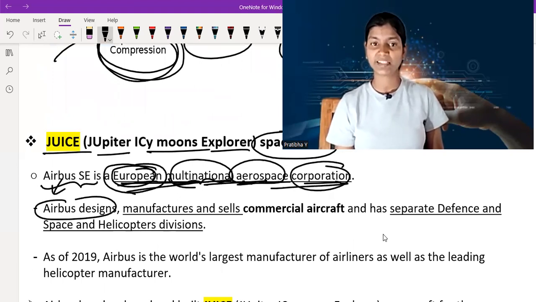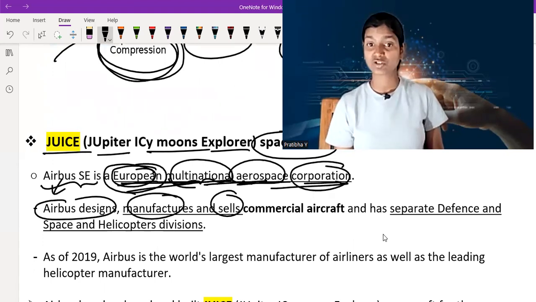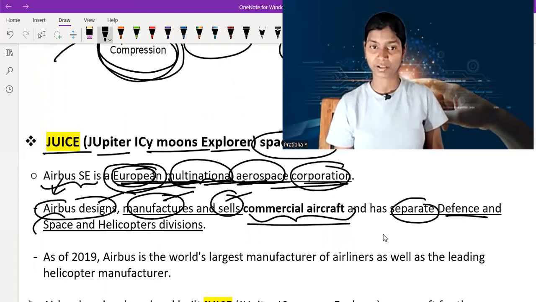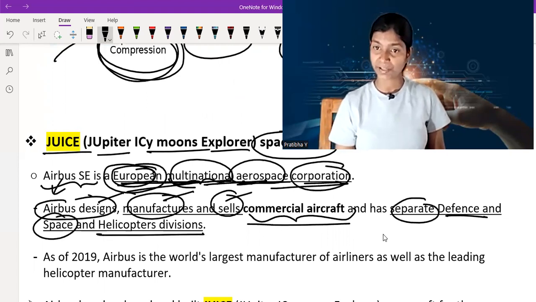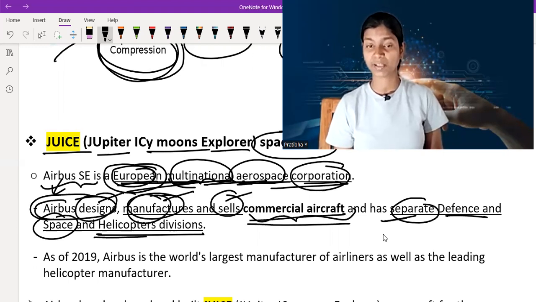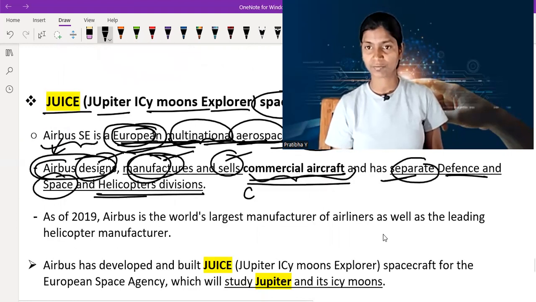Airbus designs, manufactures and sells commercial aircraft, and has separate defense and space and helicopter divisions. So there is a commercial aircraft wing, a separate defense and space wing, and a helicopter division.